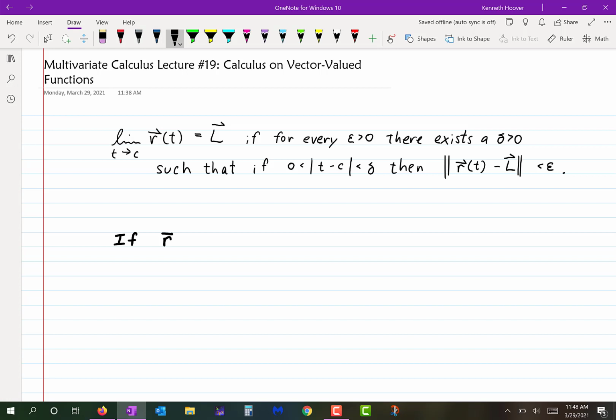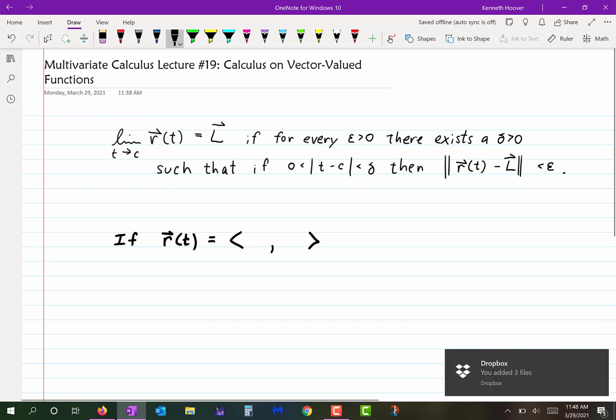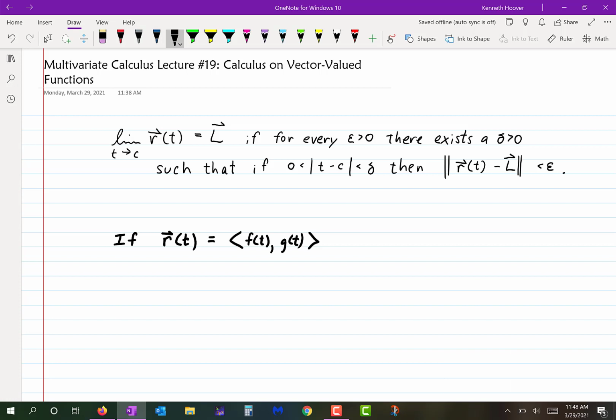If the vector valued function r of t equals the vector where you would have an x component and a y component, so let's call those f of t, g of t, then the limit of r of t as t approaches c would just equal the vector that has the limit of f of t, comma, limit of g of t.